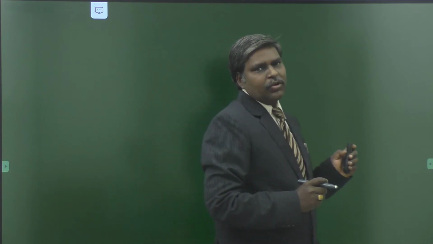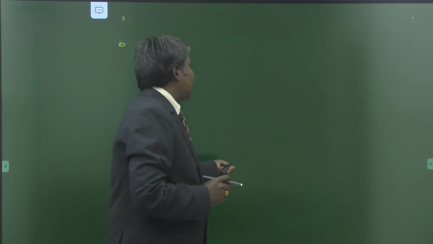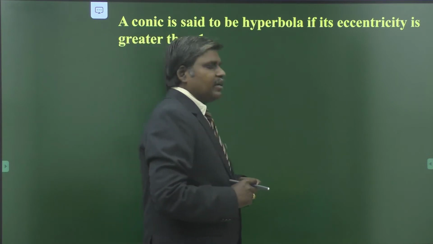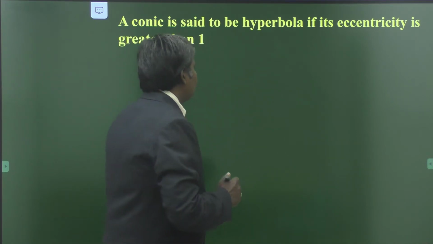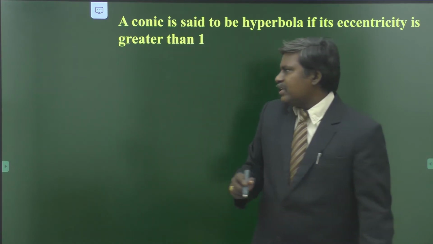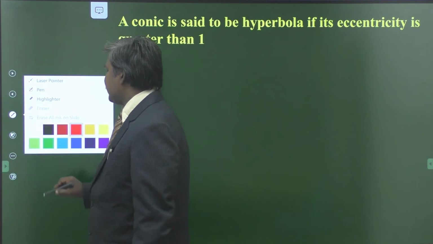Now a conic is said to be a hyperbola if the eccentricity of the conic is more than 1. So if the eccentricity is greater than 1, then we say that the conic is called a hyperbola. What is meant by eccentricity?